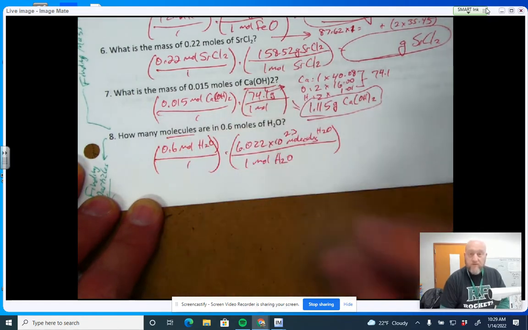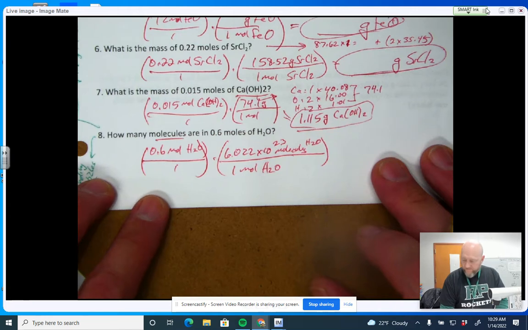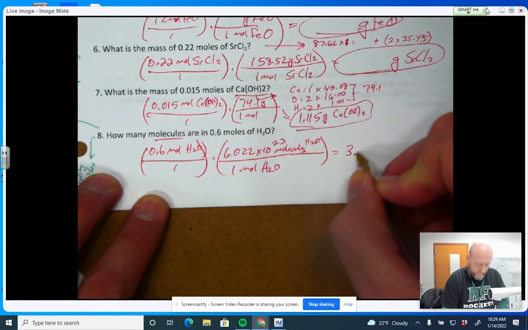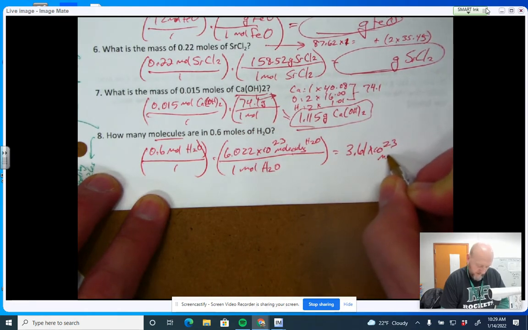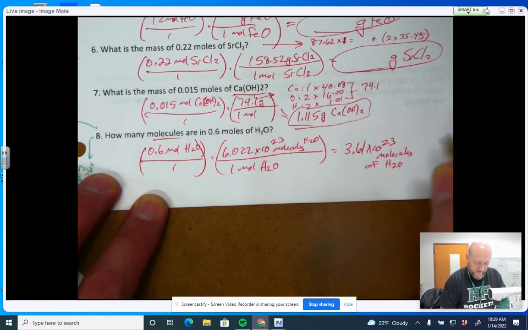Okay, so again, we're looking for molecules, and molecules is one of the particles that we need to find. If we do the math multiplying across, should be something like this: 3.61 times 10 to the 23, and we're dealing with molecules of H2O.